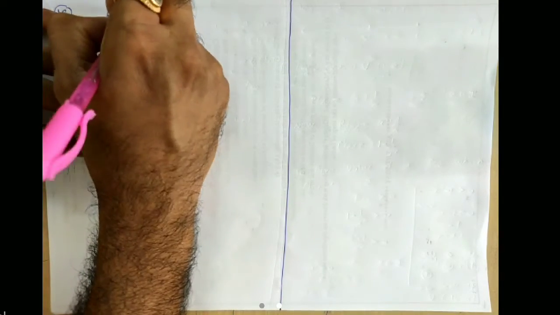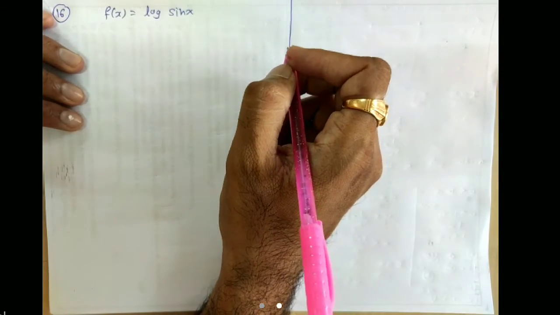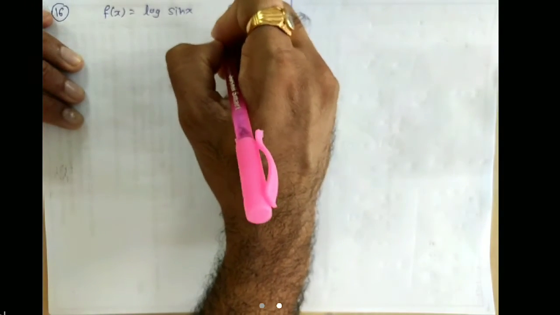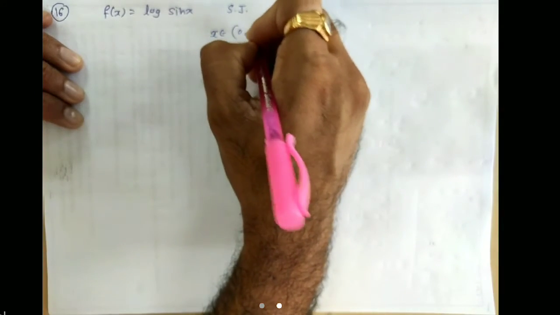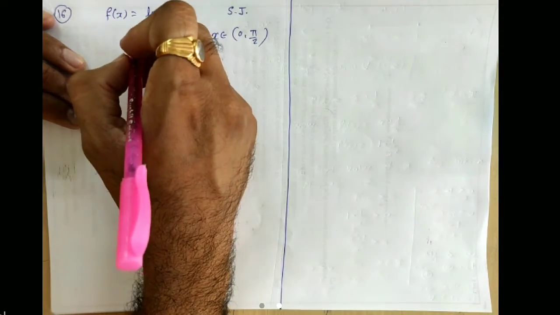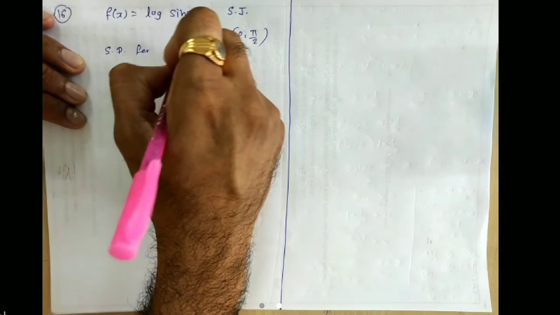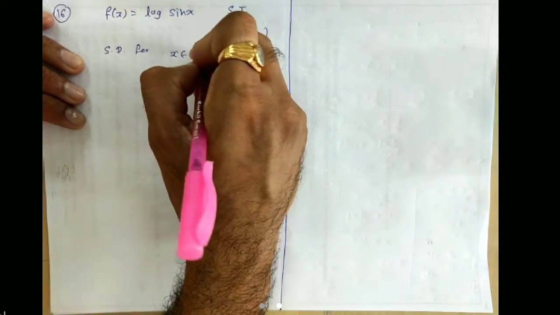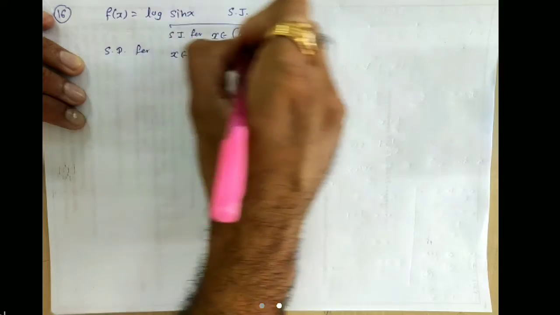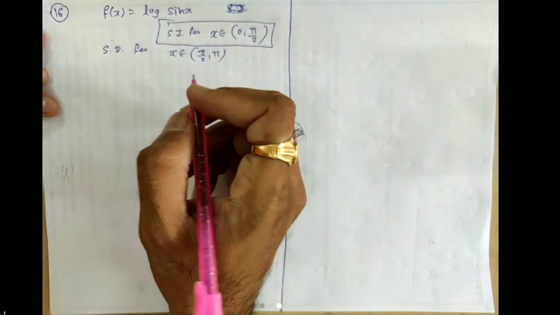You have to prove that this given function is strictly increasing on x belongs to 0 to pi by 2, and strictly decreasing for x belongs to pi by 2 to pi. You have to prove these two results.